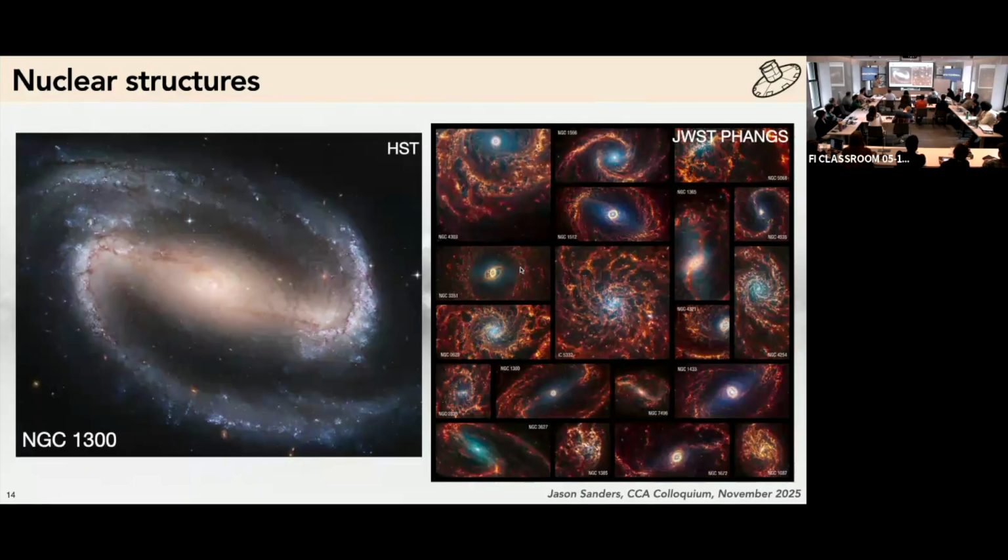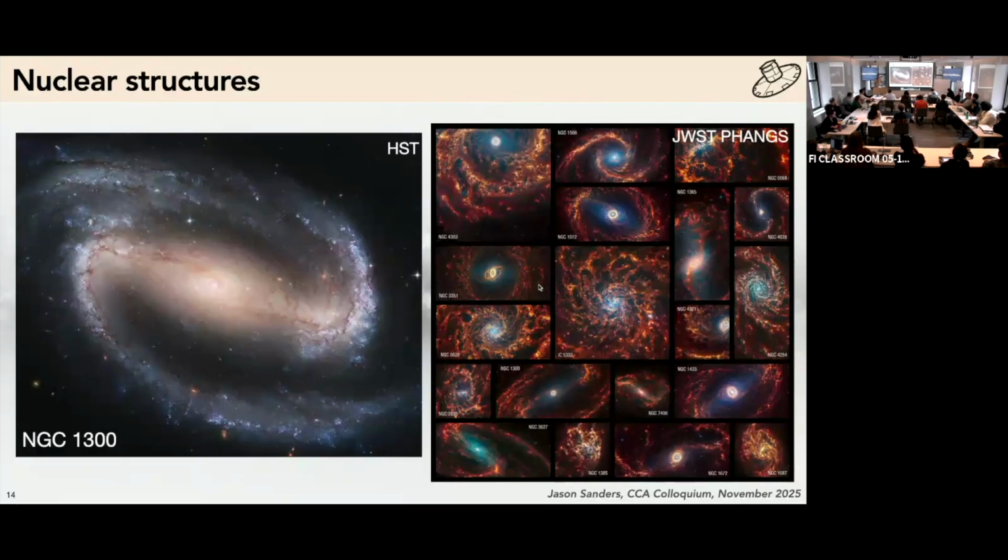When we look at some of these types of galaxies with JWST, you see the nuclear structures are very prevalent. NGC 1300 is this one here. You can see the bar and the dust lanes still, but this nuclear region appears very clearly, and it's even got this sort of ring morphology. And many of the other barred galaxies also show this type of nuclear structure.